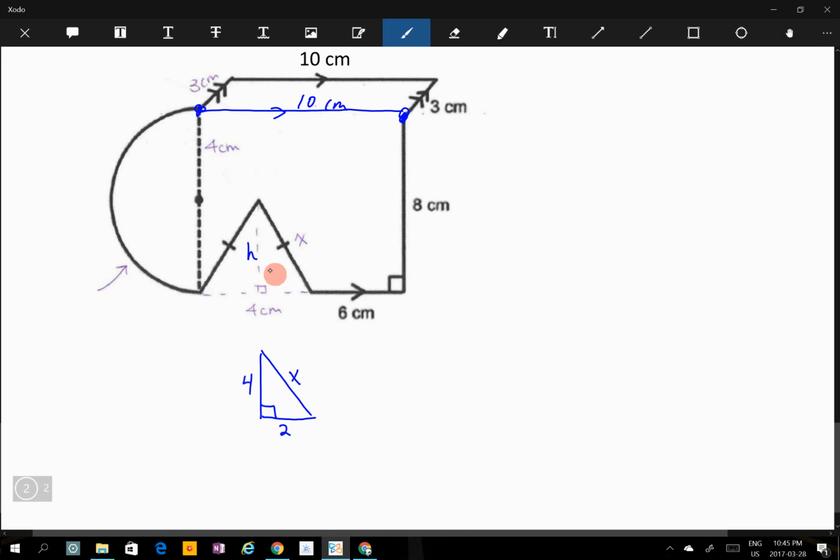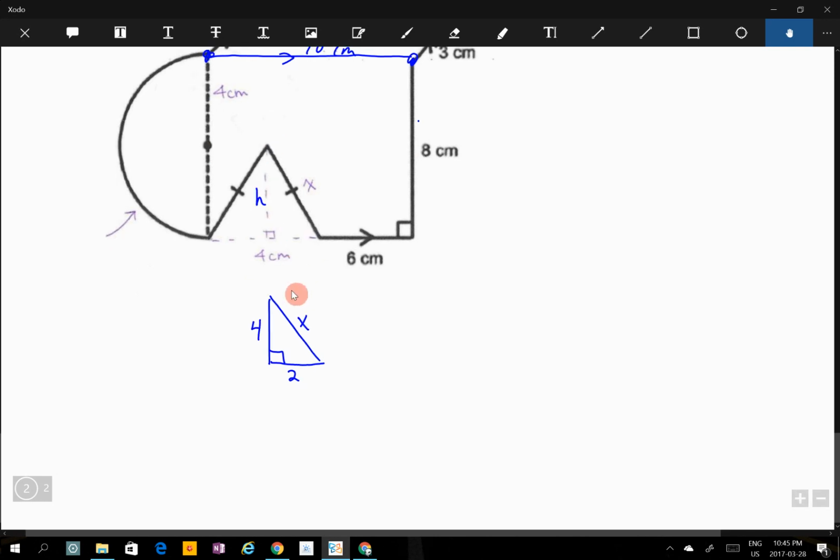So this height is going to be 4 centimeters. The reason why is because this entire side here is 8 centimeters, and notice the halfway point. This is 4 centimeters, and this is 4 centimeters. This halfway point corresponds to the top of the triangle, the tip of the triangle. So this entire triangle goes up to the middle. Imagine there's an imaginary middle line going all the way down. It's going to be 4 centimeters.